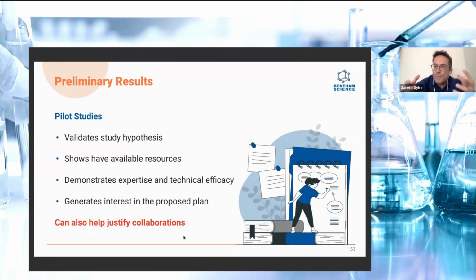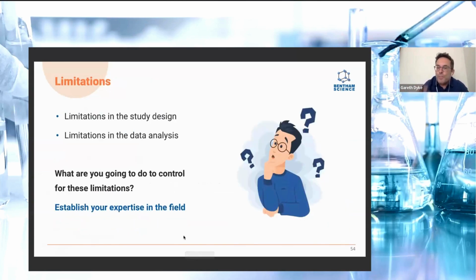Any information from pilot studies, for example, that can validate your hypothesis. Show that you have available resources, demonstrate expertise and technical efficacy, and also build interest in the proposal that you're putting together, while also being very clear about the limitations of your work.